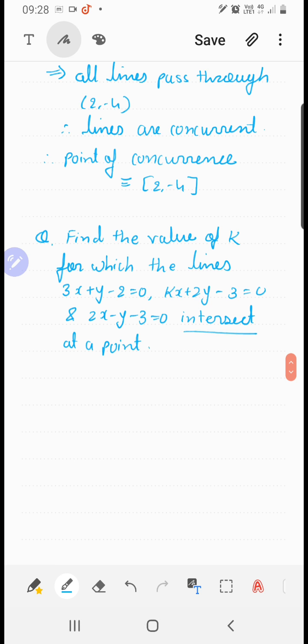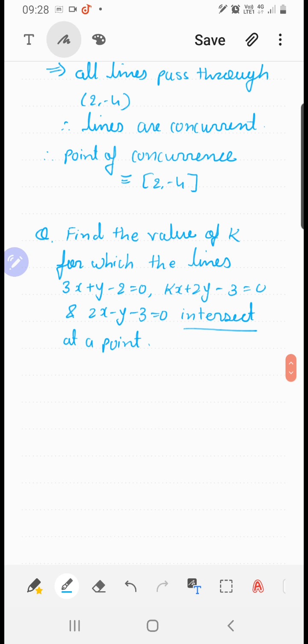It is just a different way of saying concurrent. Okay, so here they say intersect at a point. It actually means concurrent.